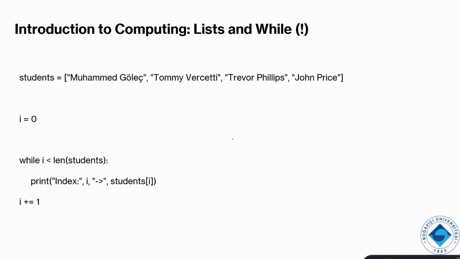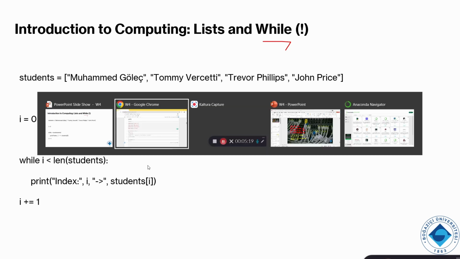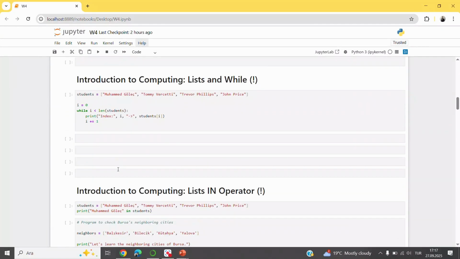Okay. Also, we can use loops like while with lists. In this example, you can see how we can print our list by using while. Again, let's go to Jupyter. First of all, we define our list here and i equal to 0.